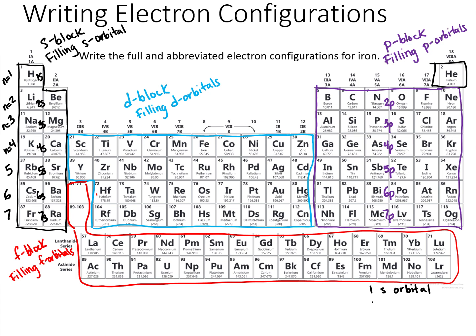Doesn't matter which P sublevel it is, there are 3 P orbitals, 5 D orbitals, and 7 F orbitals. So if we're looking at the 4p, there are 3 4p orbitals.